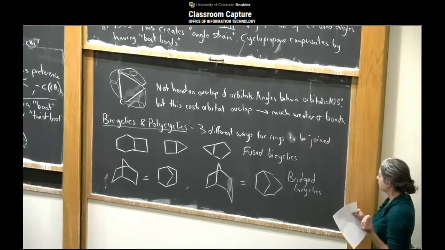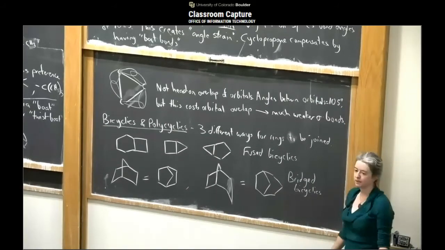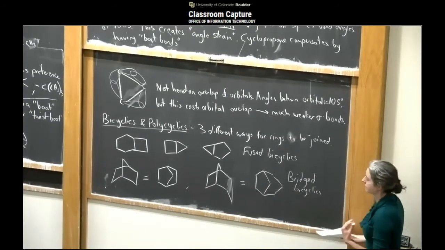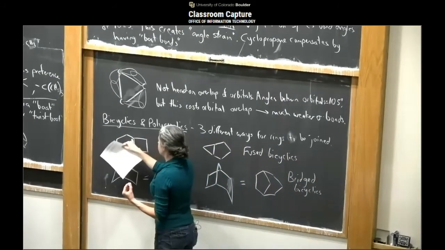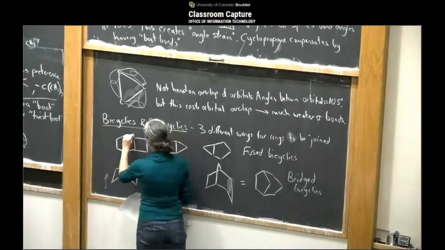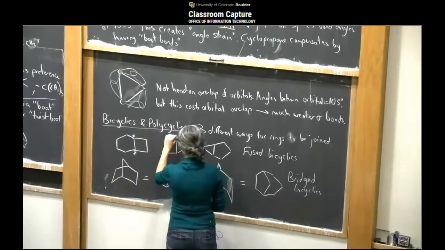Other than just eyeballing them, the best way to tell the difference between these two groups is to figure out where your carbons are that are holding the rings together. For example, here and here, here and here.